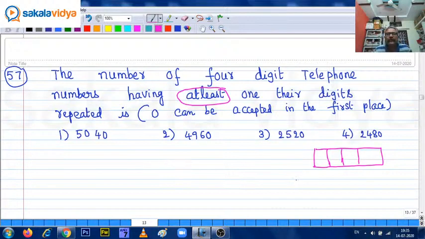We have digits 0 to 9, total 10 digits. Each place can be filled 10 ways, so with repetition it is 10 to the power of 4, which is 10,000.